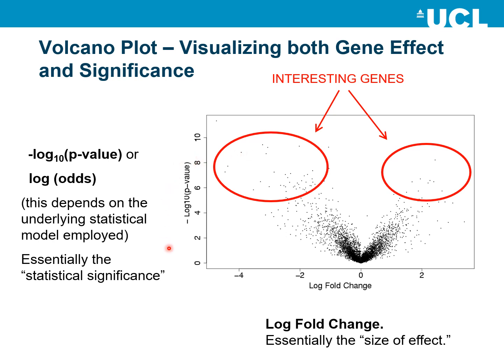And then the y-axis is the -log10 p-value. So log 10, because you talk about p-values of 10 to the -8, this would become -8 when you take the log 10, and then you do it in minus, so it's +8. So this gene here has a p-value of 10 to the -8 and is 16-fold downregulated, so it's highly significant. So these are the interesting genes in this plot.